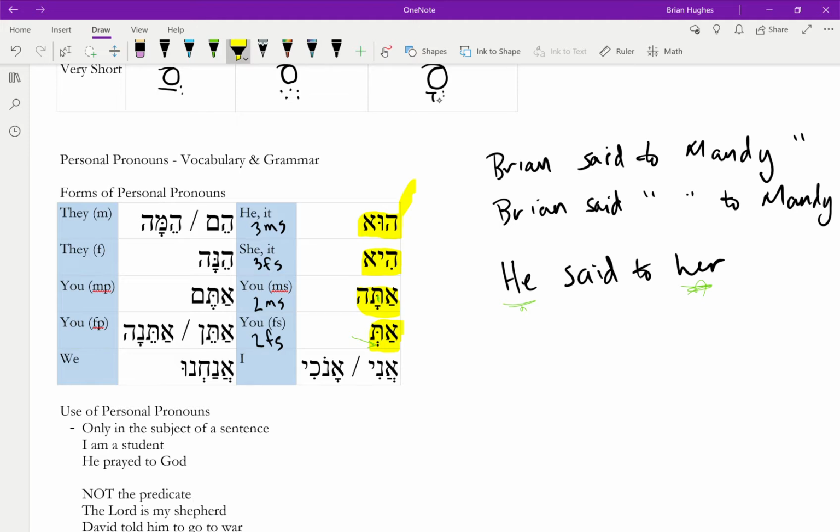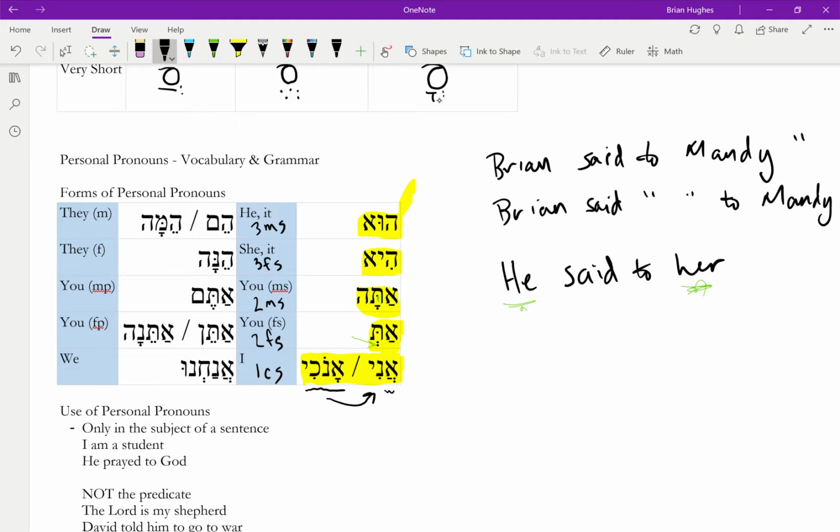So now our first person singular is ani or anochi. So I did a little research. One of you asked, is this formal versus less formal? And I came up with the same answer I had before. We don't know, basically, although it is likely, the theory is that things started longer and then they moved to abbreviation.